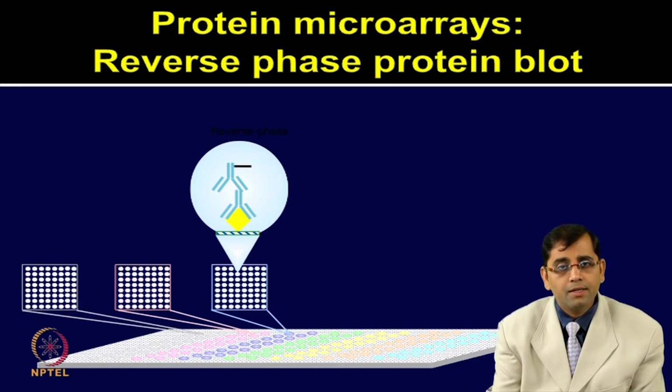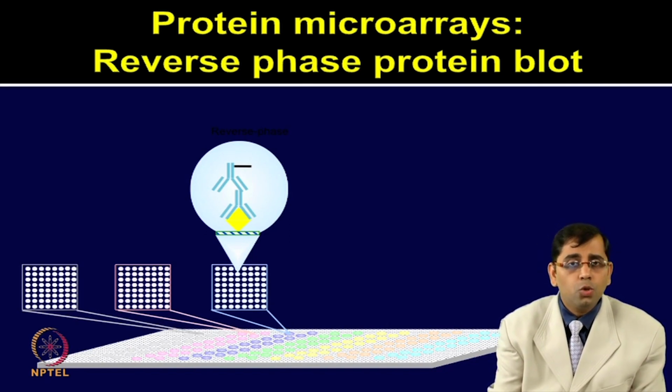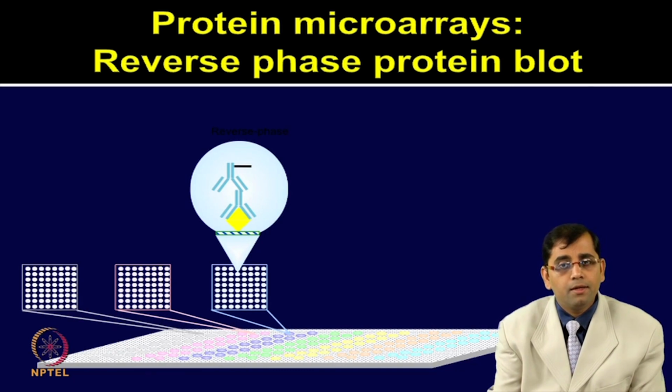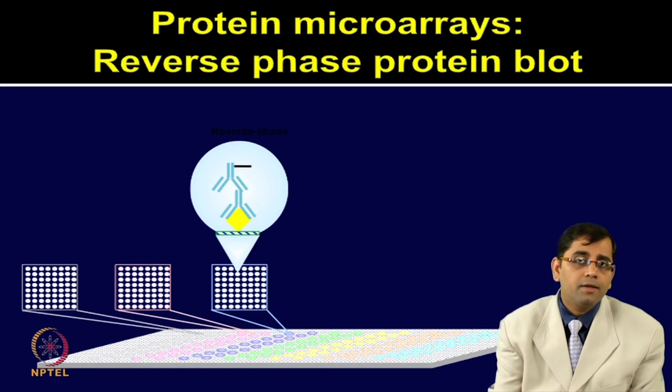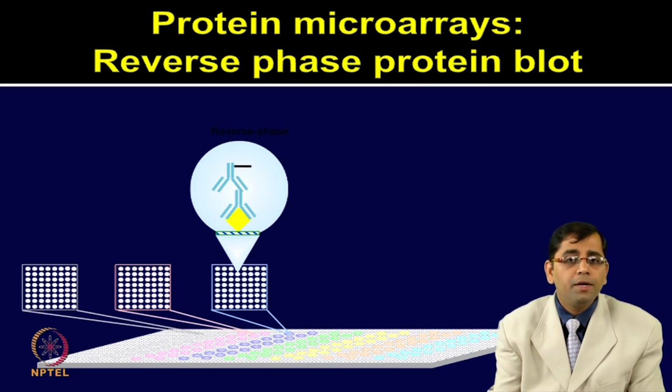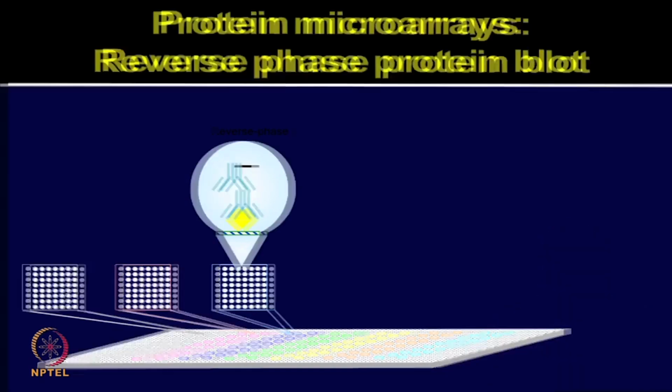All these three methods, direct labeling, sandwich immunoassays and reverse phase protein blots, rely on antibodies. However, obtaining good quality antibodies at the human proteome scale is very challenging. So, people have started exploring different methods of printing proteins on the chip surface for a variety of applications.